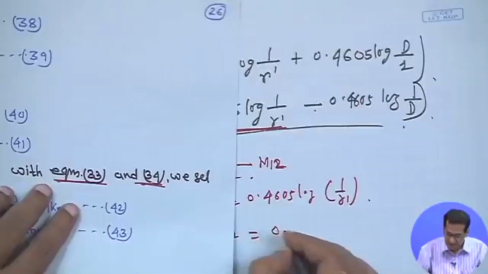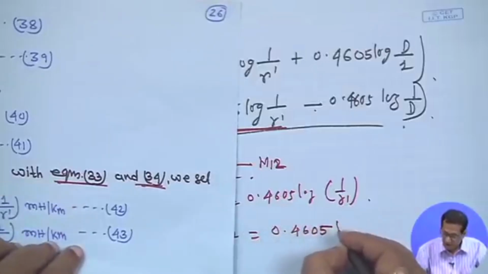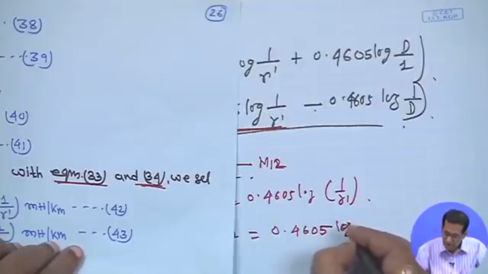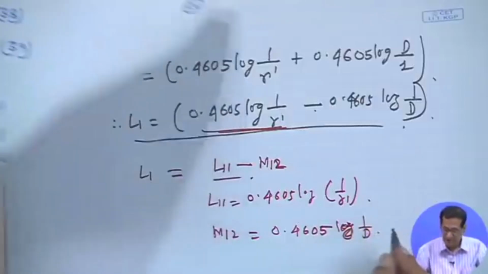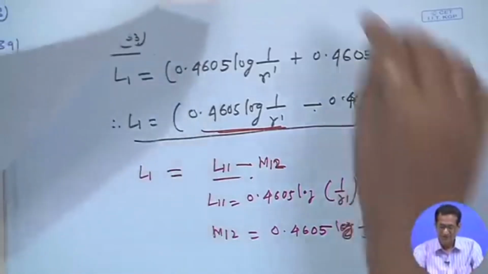So, M12 is equal to 0.4605 log 1 upon d.